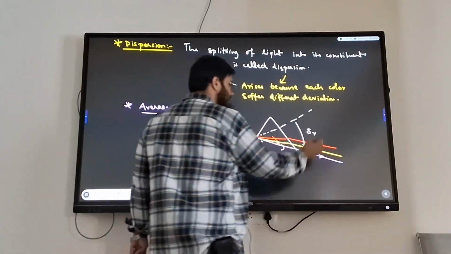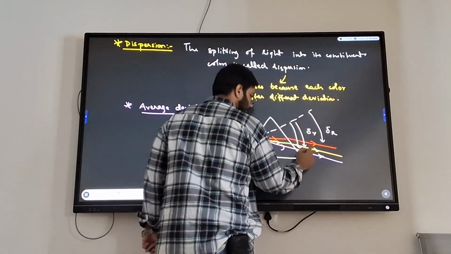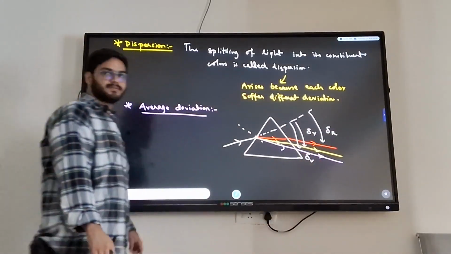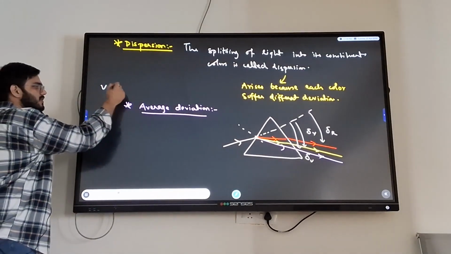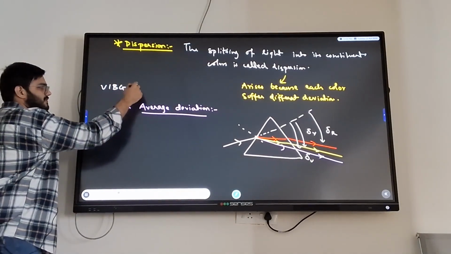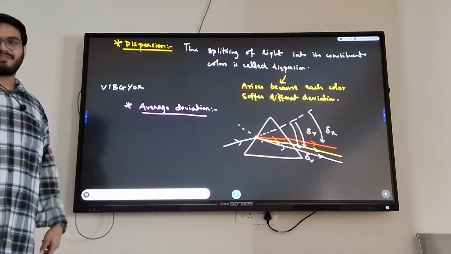What about for red? That will be this, delta R, and this will be delta V for violet. In VIBGYOR, what is the color which lies somewhere in between? We will assume that to be yellow.